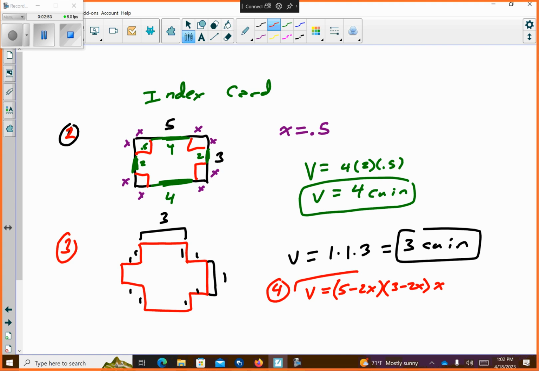This is your volume equation if you had just size x. And then if you wanted to figure out what little squares you can cut off on each side that are going to create the most ideal or largest volume box. So we can do that.